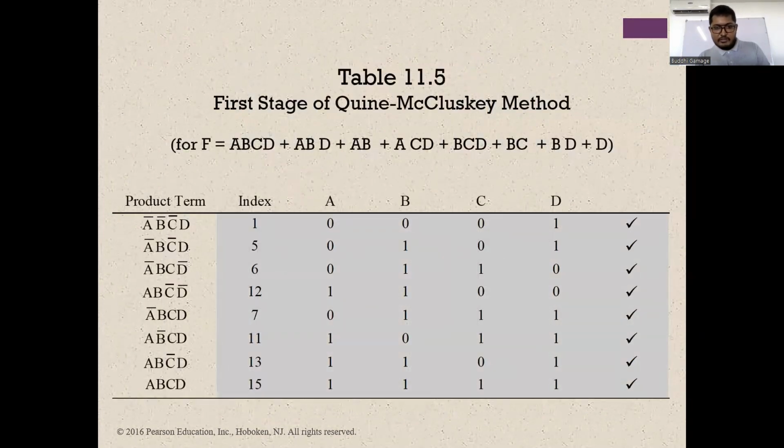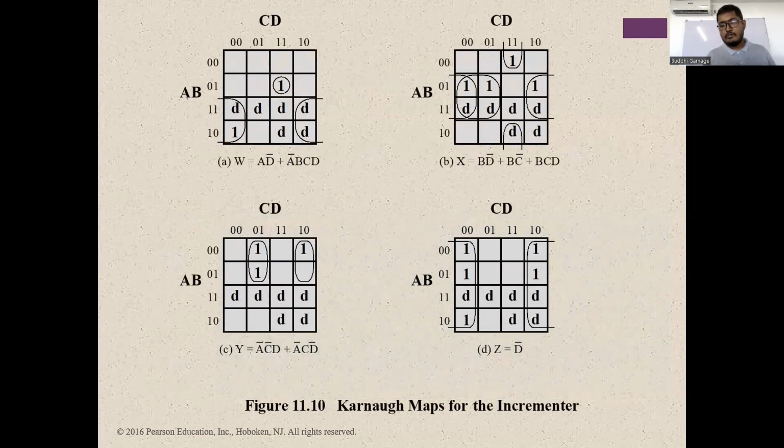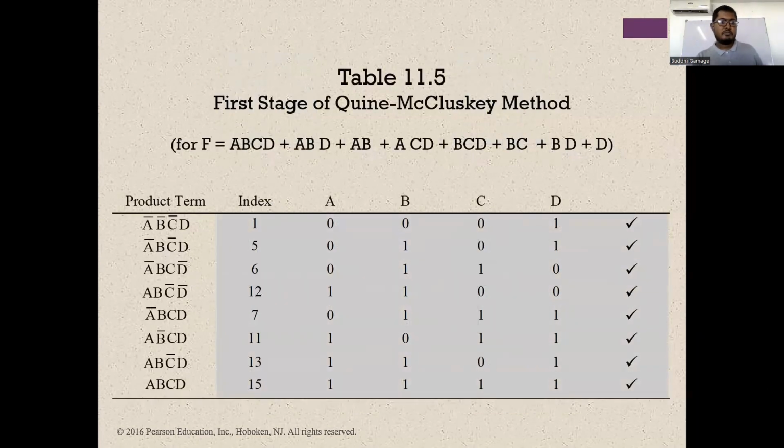So I think we won't be able to do the Quine-McCluskey method, so probably you will need to self-learn this method. In Karnaugh maps, we will learn how to deal with four logical variables.